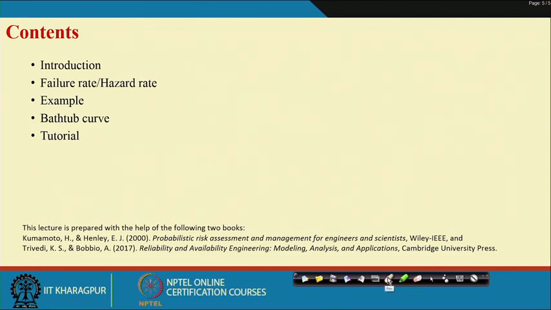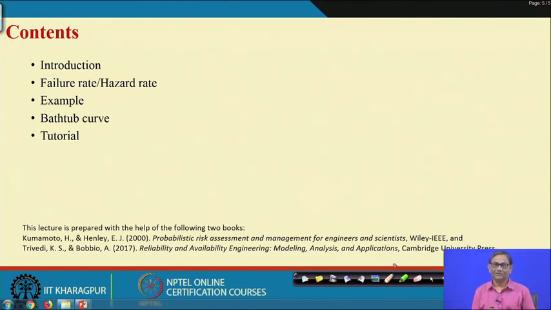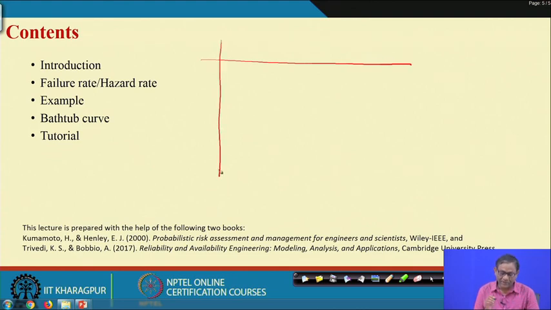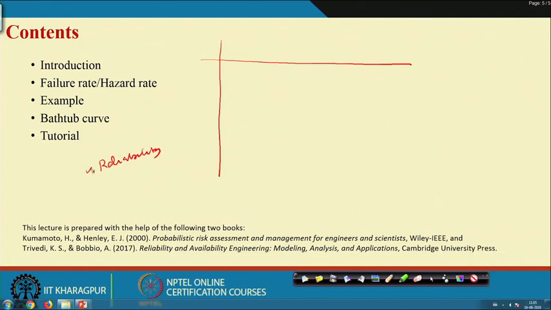Let us understand what we discussed in the last class, because this class has a good relation with my last class. In the last class, I showed you the concept of reliability, then failure distribution.